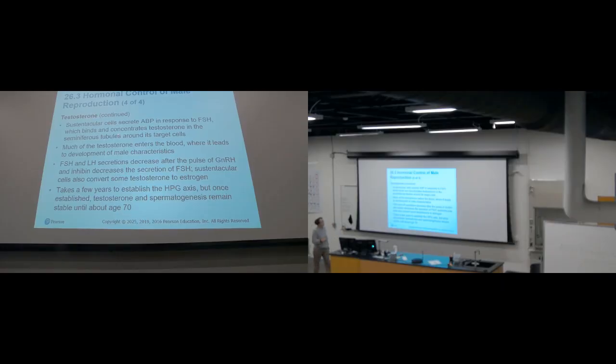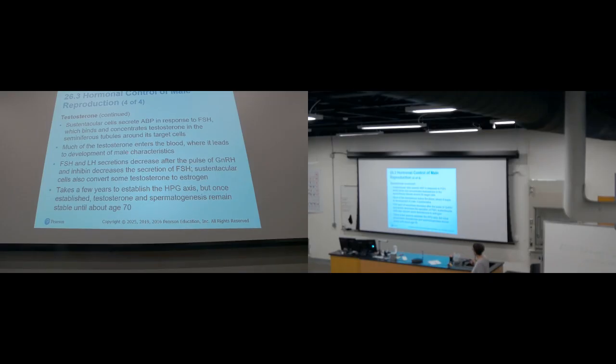Something that this ABP does in response to FSH is concentrate testosterone in the seminiferous tubules so that the testosterone won't diffuse, and it helps in the process of making these sperm cells.